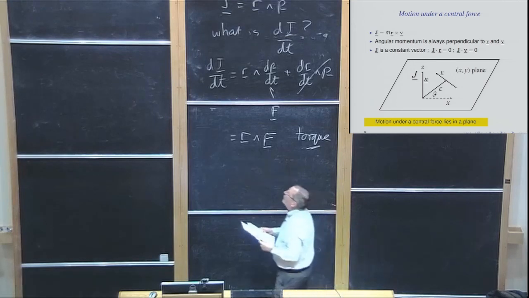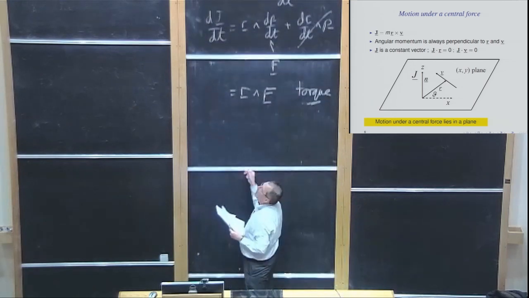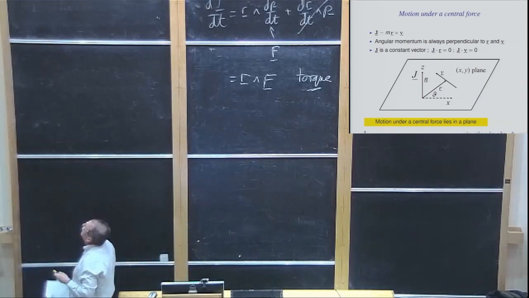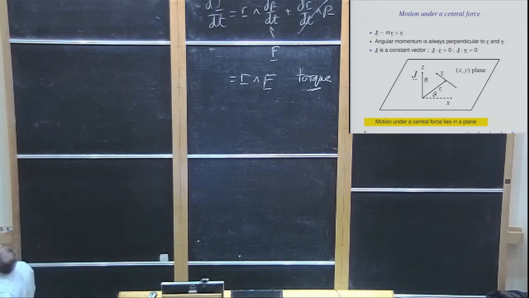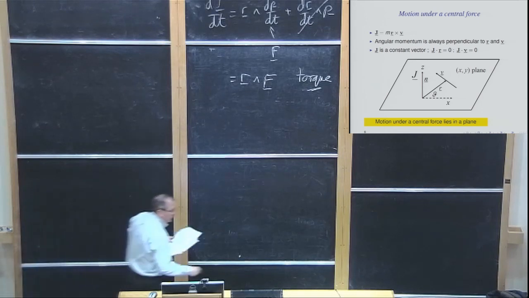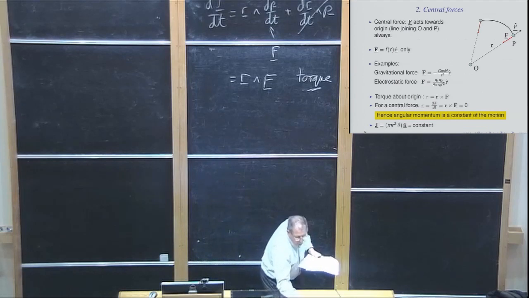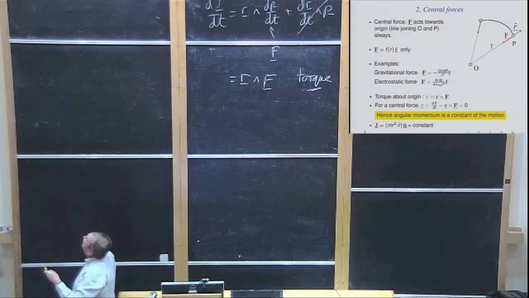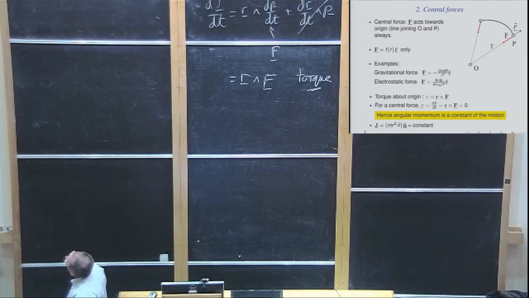Okay, so now we move on to what we are pretty much solely focused on, which is the question of central forces, which are this very, very important special case in nature. I've gone on 2 slides here. Let's go back one. Okay, so a central force is a force which acts just towards the origin. Here's the origin. Here's a radial vector going out to the body which is experiencing the force, and the force acts along this line.